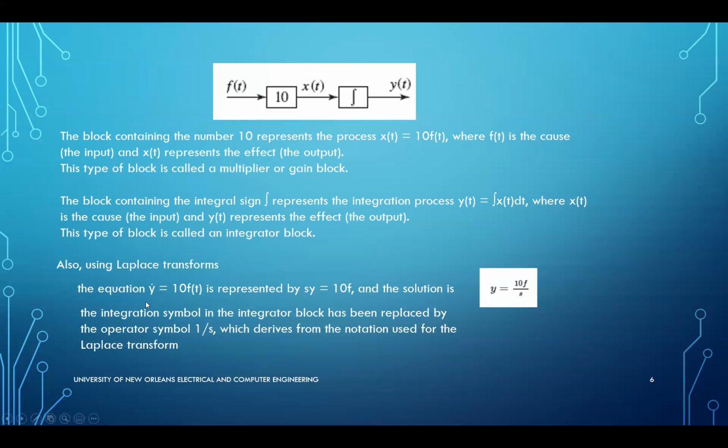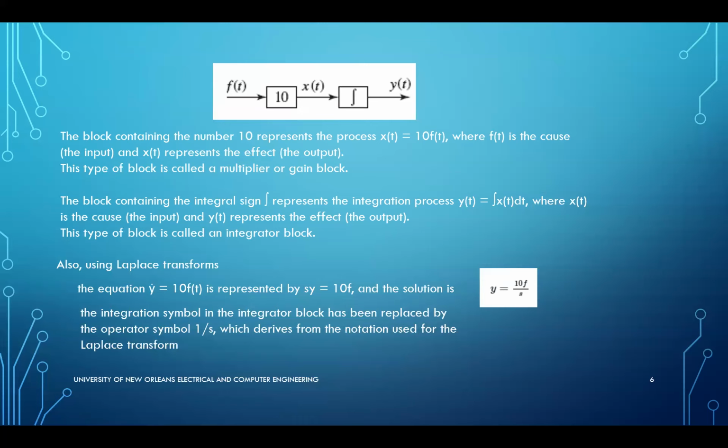If we take the Laplace transform of that equation, we get an expression that says s times y is equal to 10f, which gives us the solution here. So the solution now is not in the time domain anymore, but in what is called the frequency domain. Again, don't worry much about the math behind it.